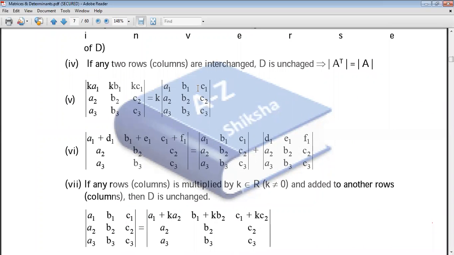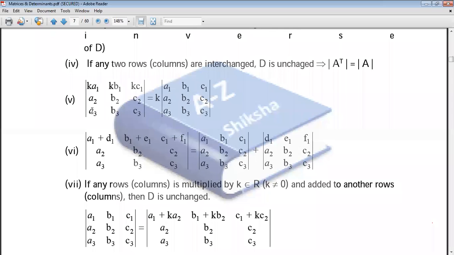That is the simple one. Same case in the case of a column also. Suppose ka1, ka2, ka3 is here; the same constant will come outside on the right hand side, then k will be eliminated from the first column. That holds for each row and each column.